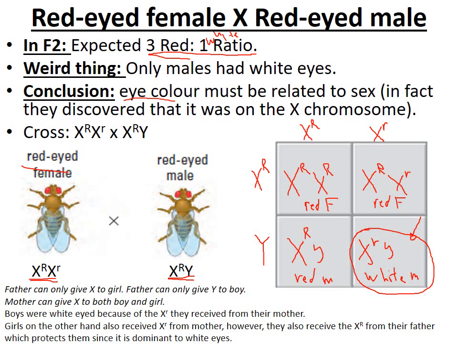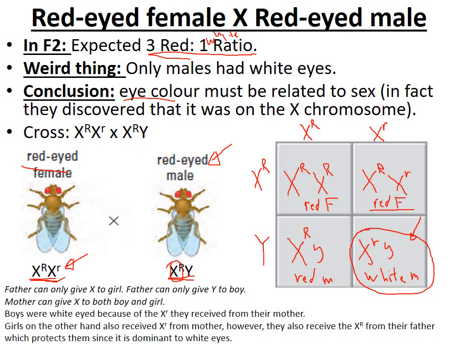So the father has red eyes, and the mother has red eyes, but has an allele for white eyes. The mother donated X little r to her girl, but the father gave X big R to the girl. So that's why the girl ended up being red.